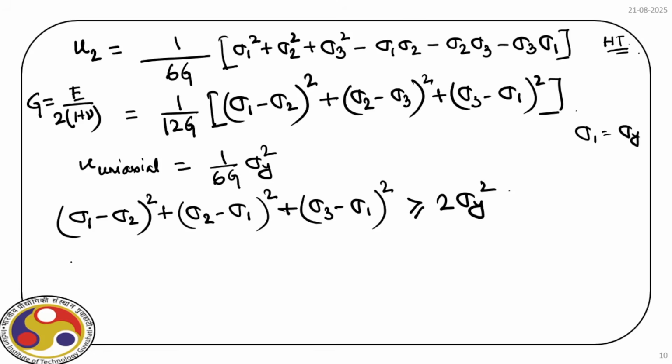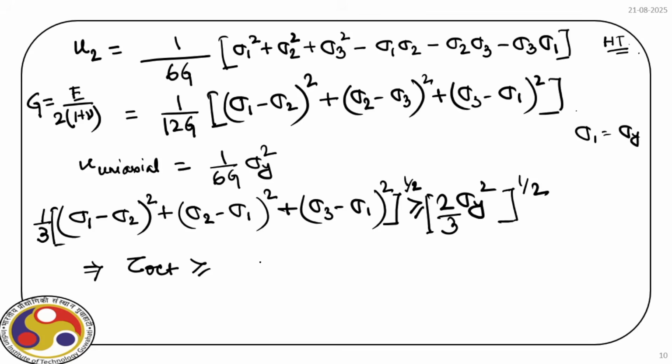Again, if you recall the expression of tau octahedral, which is nothing but if we take 1/3 of this quantity and the square root of that, that is basically tau octahedral. Right. So effectively what we get on the left hand side, we have tau octahedral greater than or equal to root 2 by 3 sigma y.